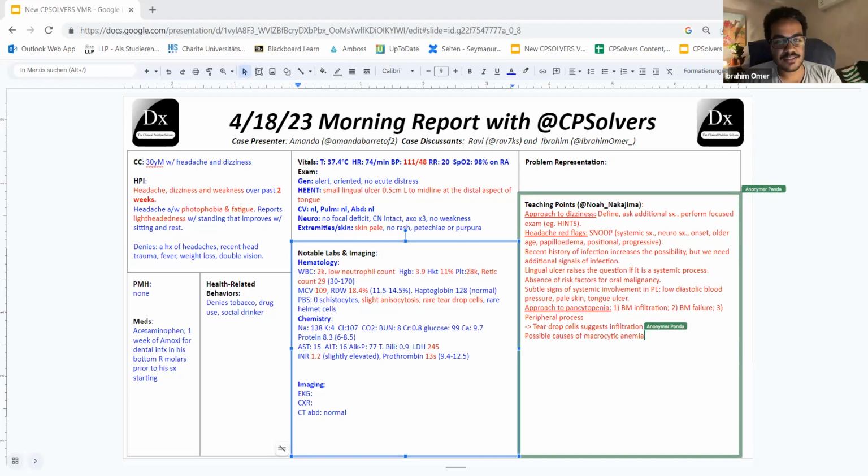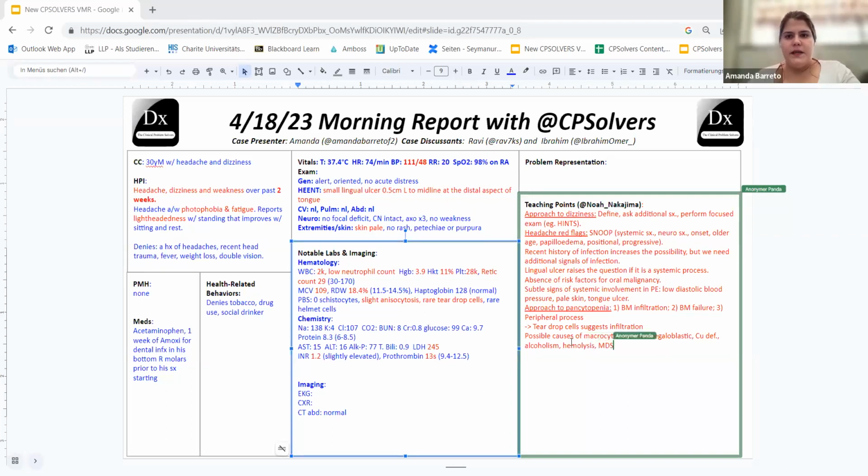But again, this is a pancytopenic presentation. So I think that's interesting. People are also bringing up the fact that they might be presenting with an autoimmune disease. So I wonder, Amanda, is there some kind of ANA, some kind of antibody panel, as well as a bone marrow biopsy?